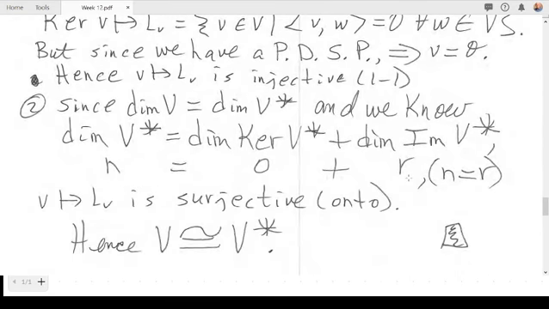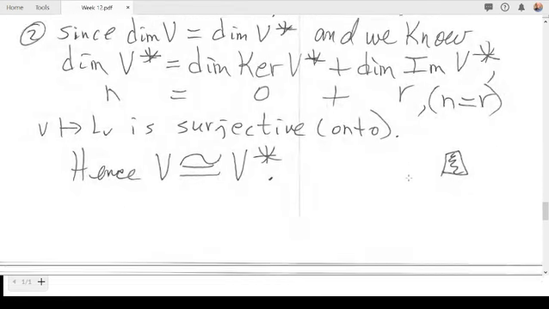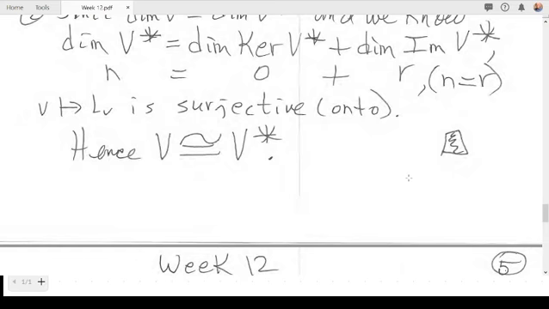Now, since the dimension of V equals the dimension of V star, and we know from our dimension theorem that the dimension of V star equals the dimension of the kernel plus the dimension of the image, we immediately get that the mapping is surjective, or onto. Hence V is isomorphic to V star.